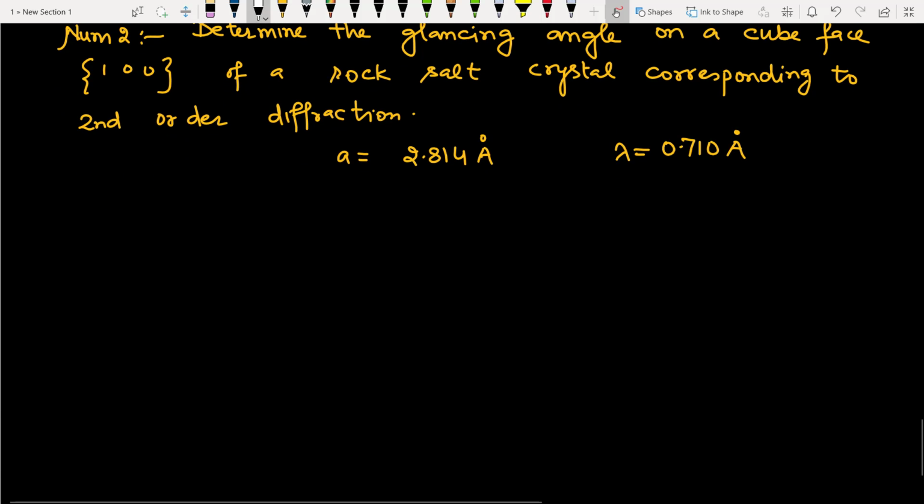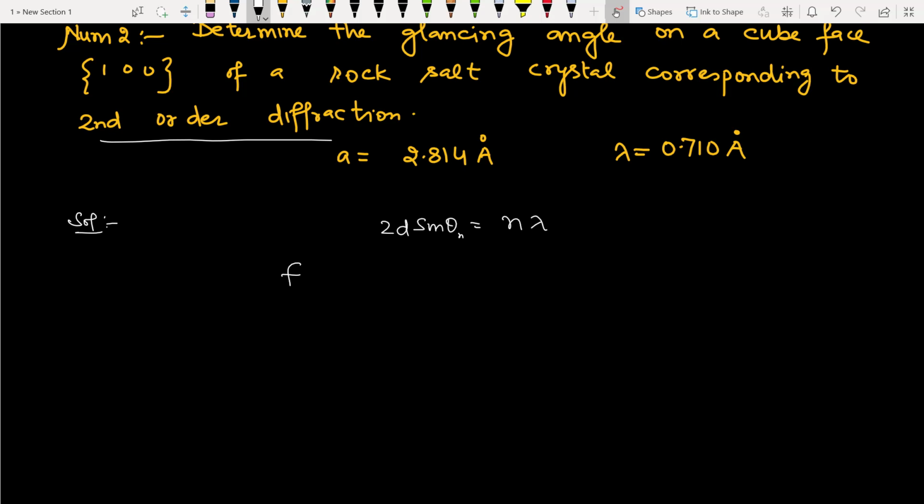So dear students, in Bragg's law we have 2d sine theta is equal to n lambda. Here we are to deal with second order diffraction.